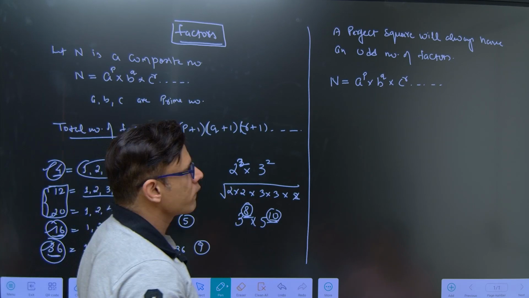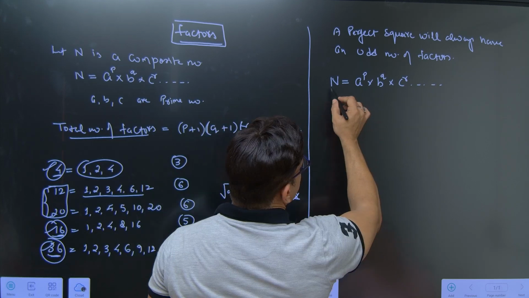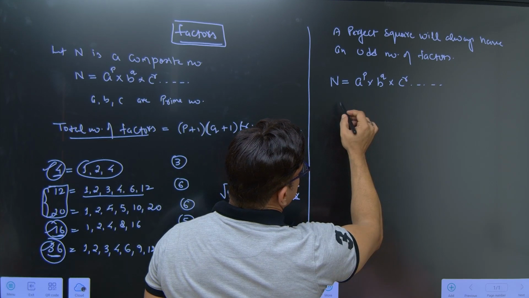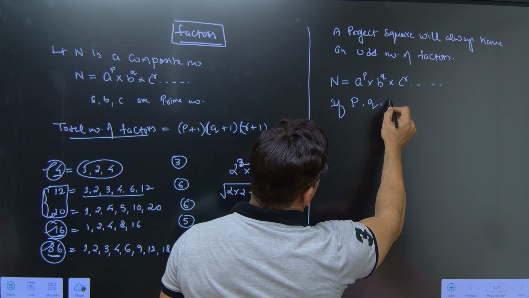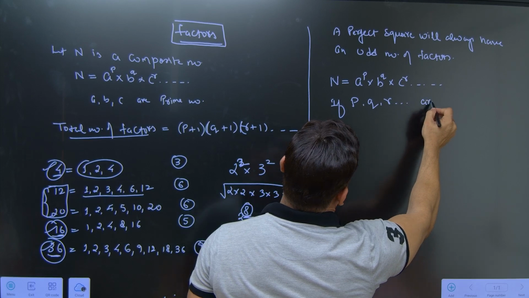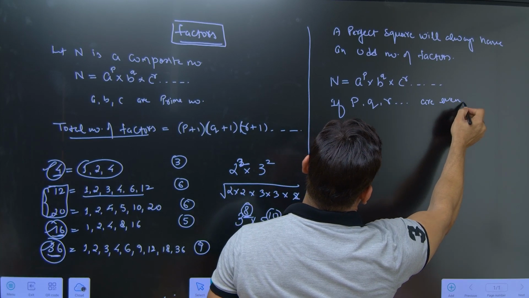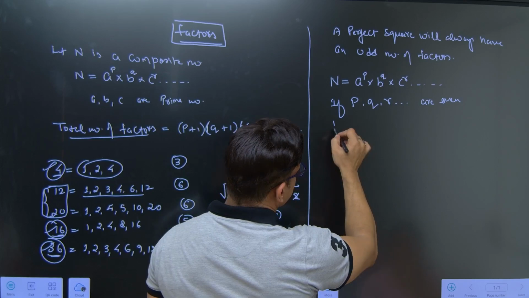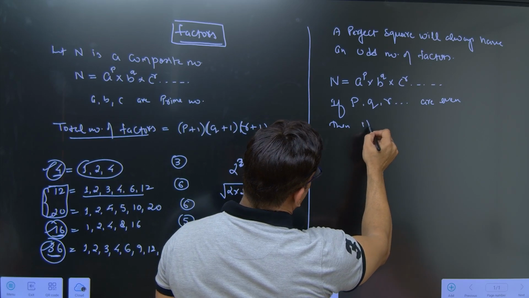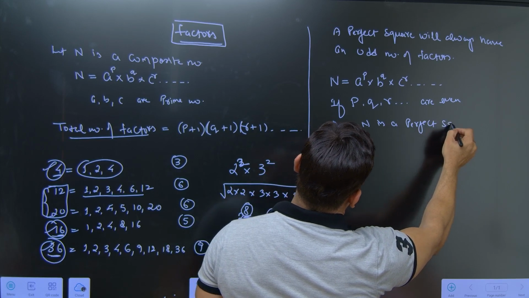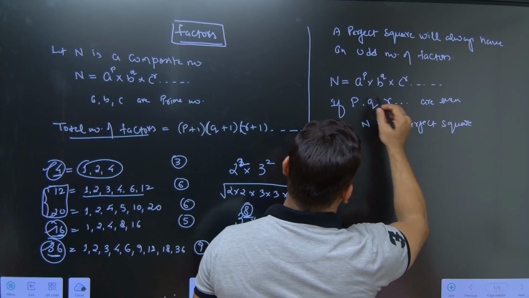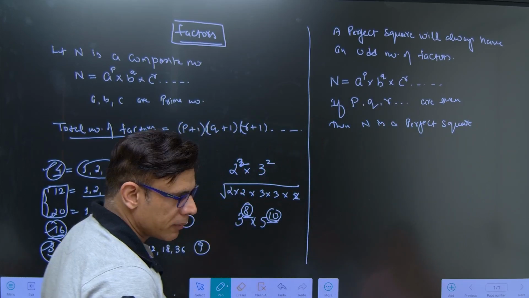So in this case, if p, q, r are all even, then your number N will be a perfect square.